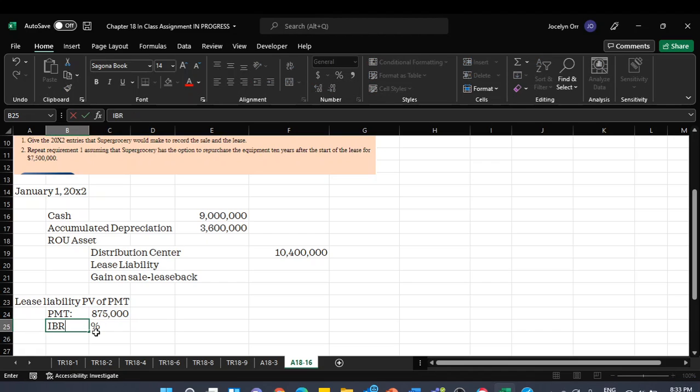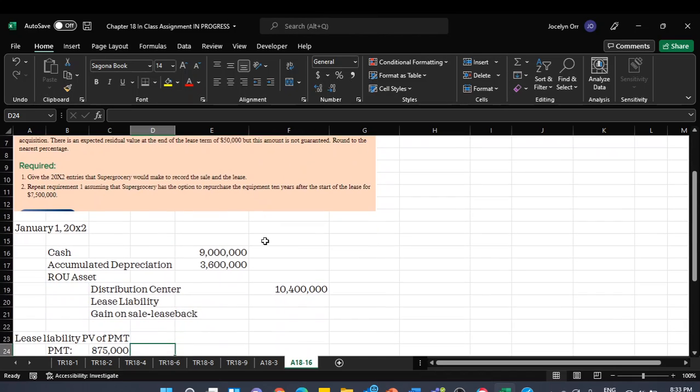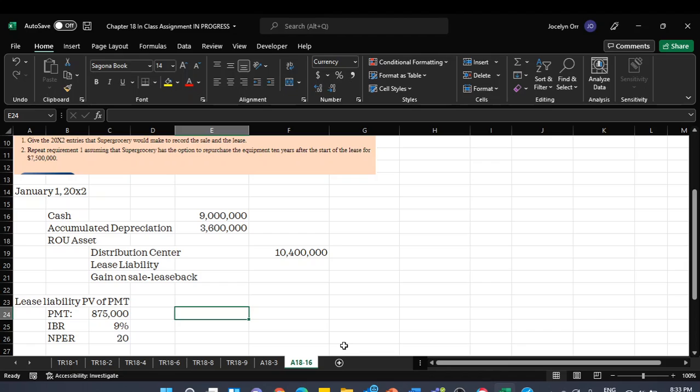And we will put our borrowing rate here, which is our incremental borrowing rate, since we don't know the implicit rate of the lease, but we know that it is a 9% incremental borrowing rate.